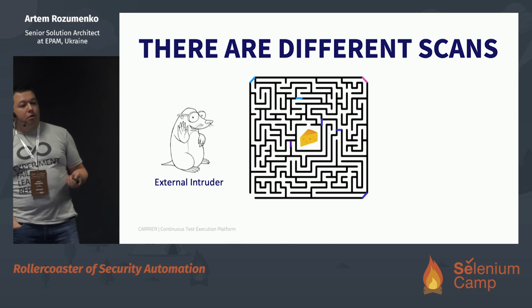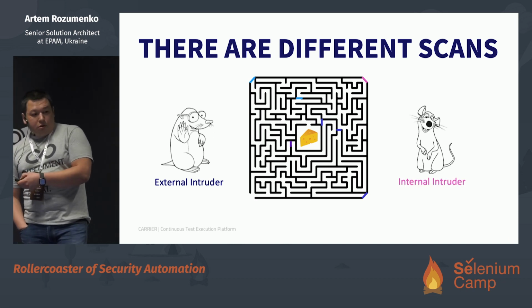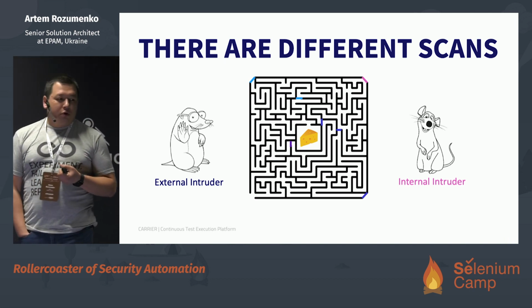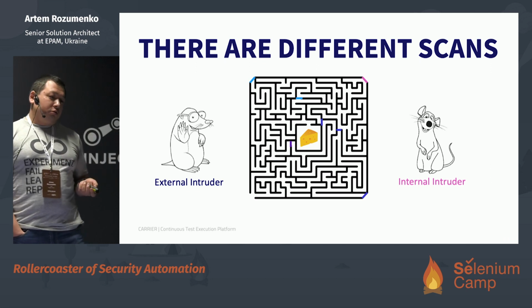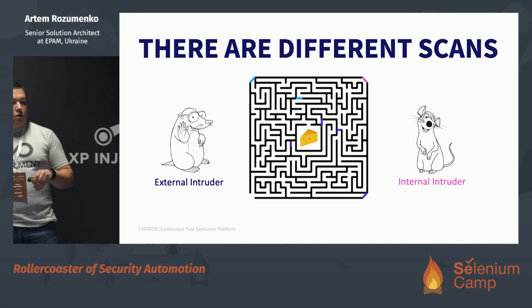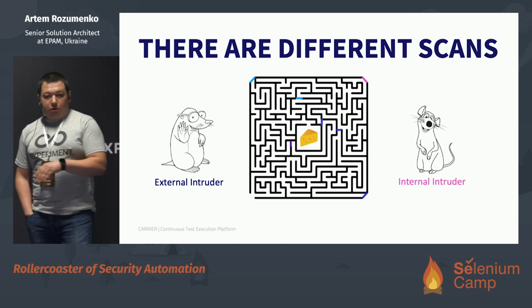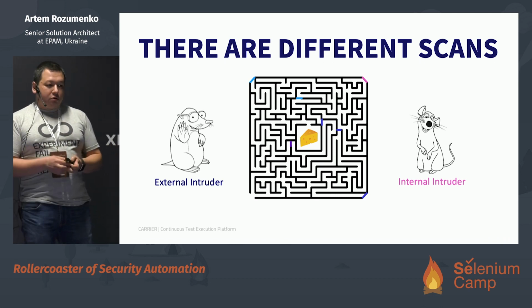And another one, which is a bit more common, is an internal intruder. It's someone within the organization with some specific subset of permissions, who can also cover some parts.